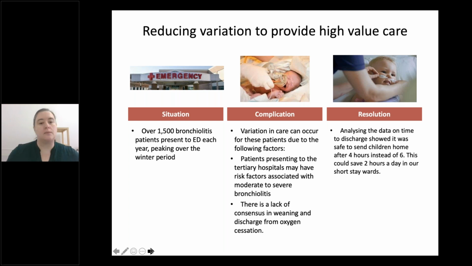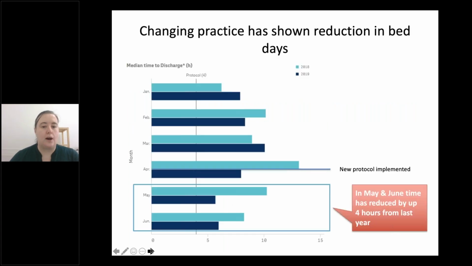We developed a dashboard to help the clinical teams track how they were going with this new initiative that they wanted to put in place. We were able to help them decrease the amount of time between oxygen cessation and discharge.